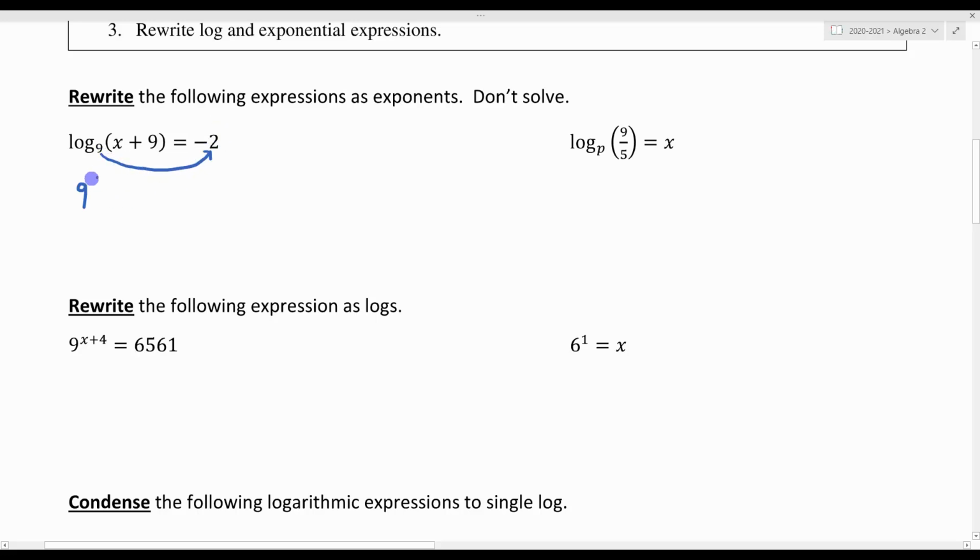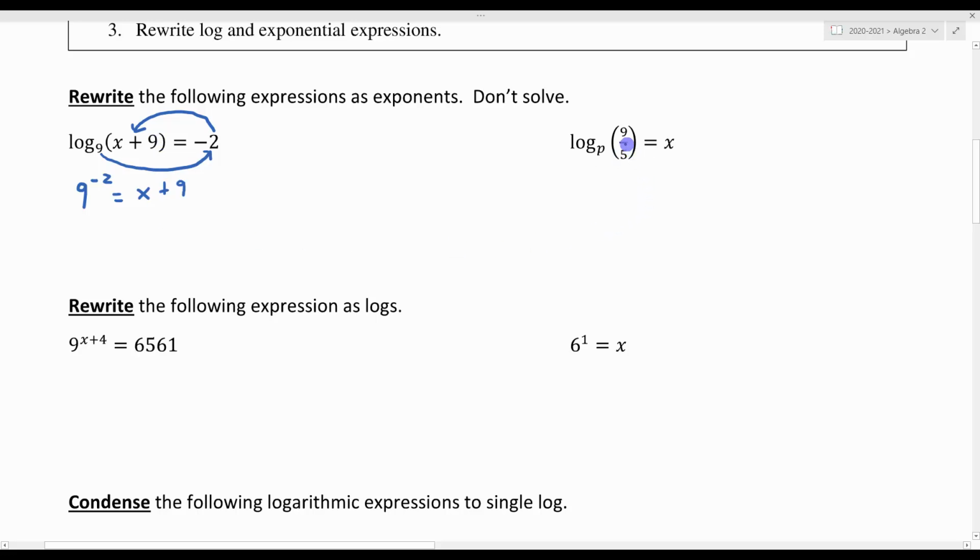That gets us our exponent, which is -2. So we're saying 9 to the -2nd must equal, and what it must equal, we circle back around to what's inside of the logarithm. That is x plus 9. So that entire expression is what 9 to the -2nd must be equal to. So now this equation that I wrote here is equivalent to this equation that we started with.